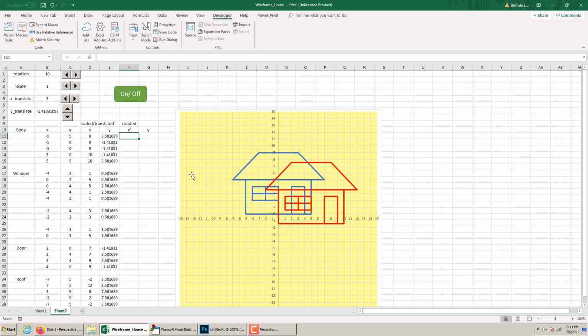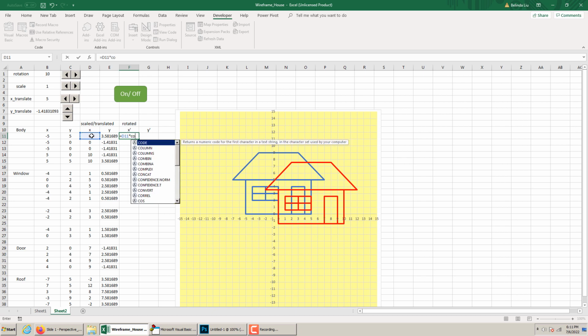So this is equal to x times cos of, pick up this value and absolute reference it. So hit F4 once and you get a dollar sign in front of the column and in front of the row. So now when we copy right or left or down or up, this will be firmly fixed there.